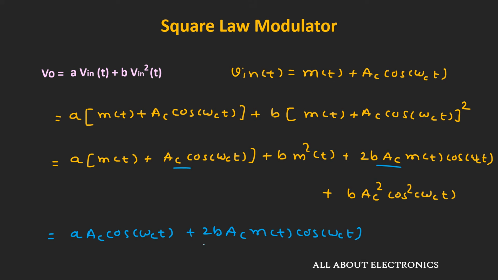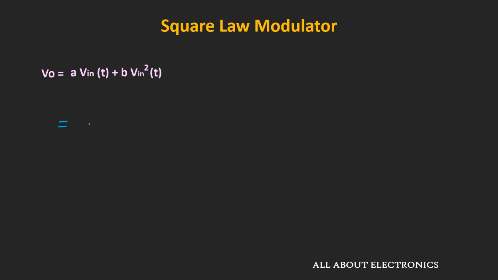Or further, if we simplify it, we can write it as A times Ac times 1 plus 2B divided by A times m(t) times cos of omega c t. If we compare this expression with the standard amplitude modulated signal, then we can say that here the amplitude sensitivity, or K, is equal to 2B divided by A.